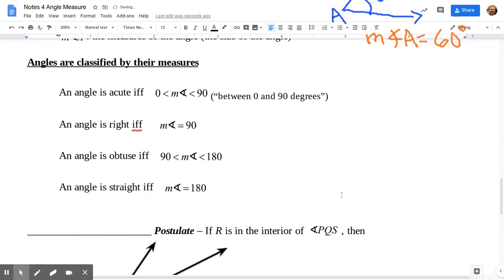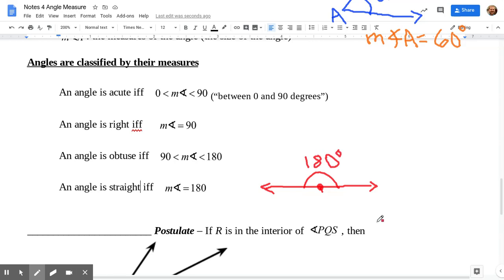Okay, and the reason for that is going to be very important. A straight angle is created by 2 opposite rays. And if you remember, opposite rays create a straight line. And so what we need to realize is when we see this straight line, we could think of it as here's one side of our angle going to the right, here's the other side of our angle going to the left, and the openness between these two sides is 180 degrees.